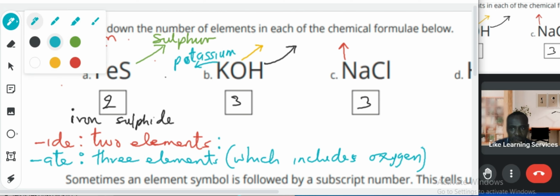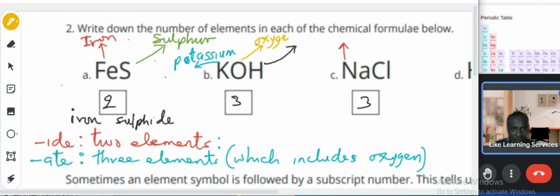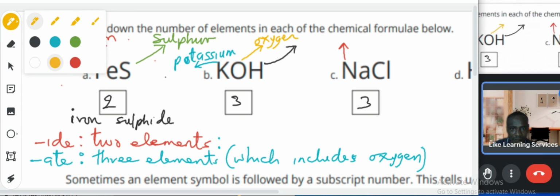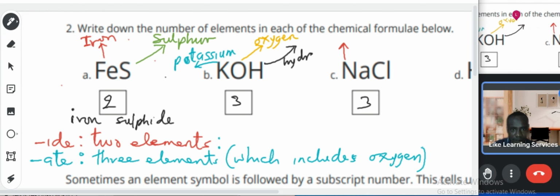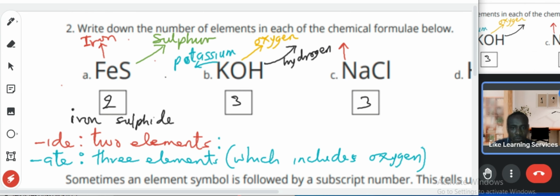Of course, O is oxygen, isn't it? And H is hydrogen, isn't it? Okay, so what do you think should be the name of this? With only OH, we call it hydroxide. So the name should be what? Potassium hydroxide. Beautiful, potassium hydroxide.